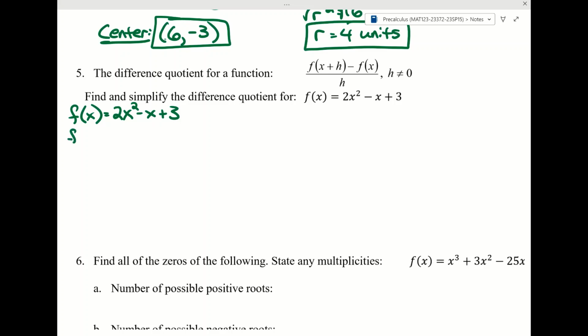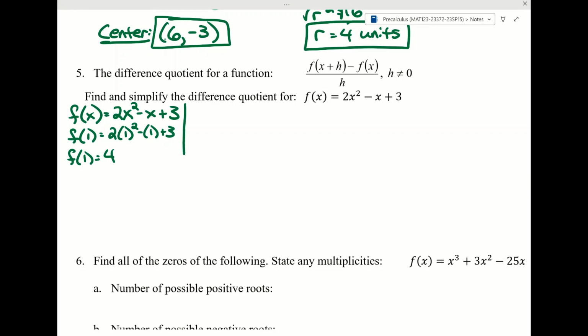So if I were to ask you what's f of 1, you plug in 1 for all the x's. 2 minus 1 is 1, plus 3 is 4. So f of 1 is 4. Unrelated to this problem, I'm just reviewing here.